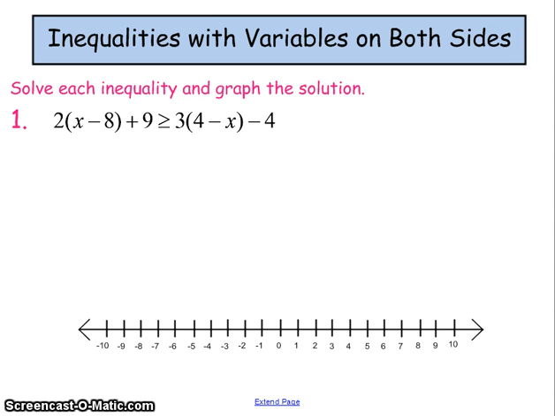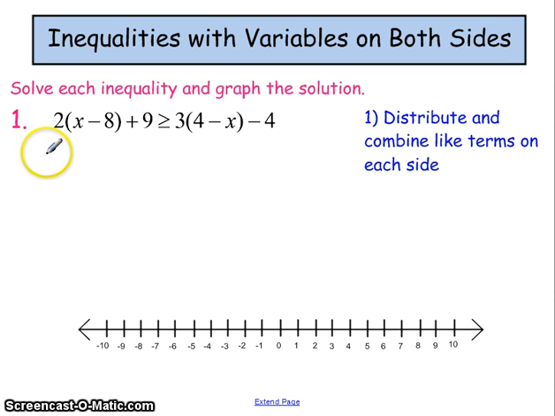and combine like terms. So when I do that, I'm going to get 2x minus 16 plus 9 is greater than or equal to 3 times 4 is 12 minus 3 times negative x is 3x minus 4. Next, I'll combine like terms, which on the left side means the negative 16 and the positive 9.